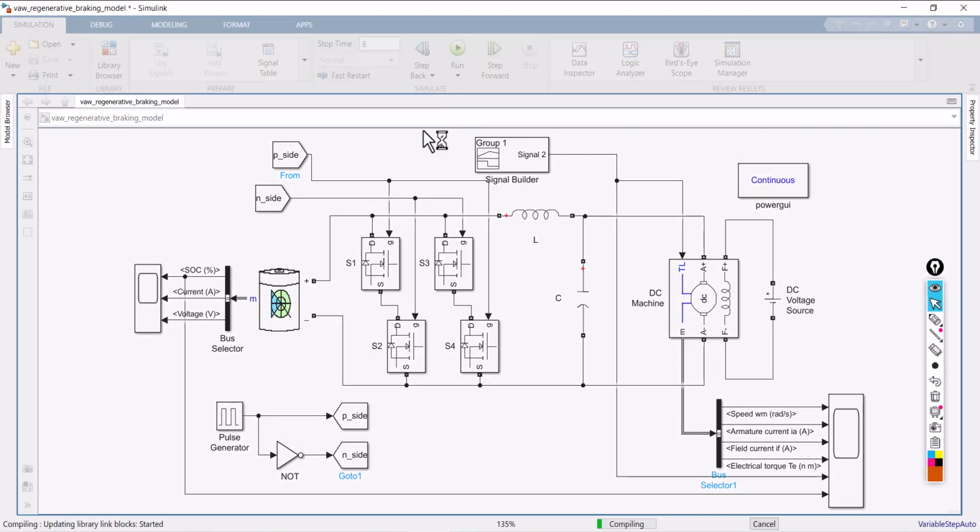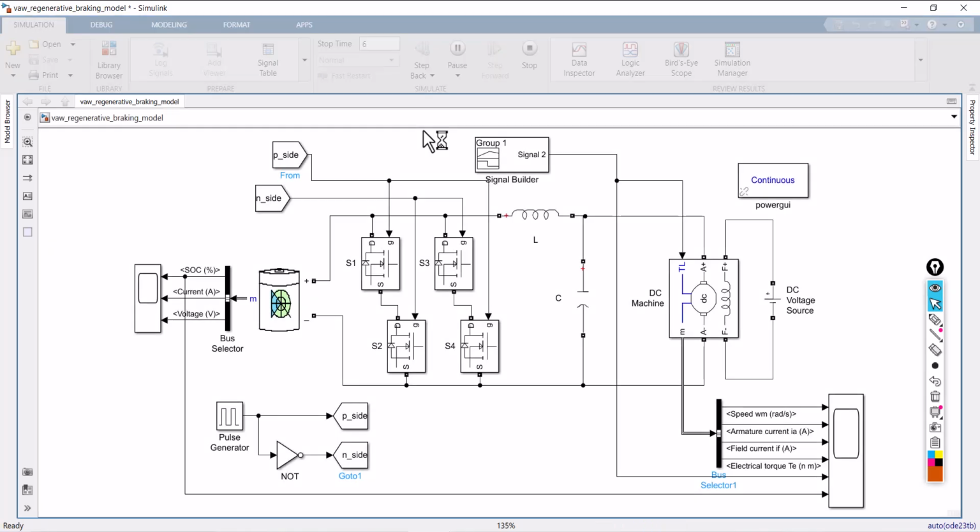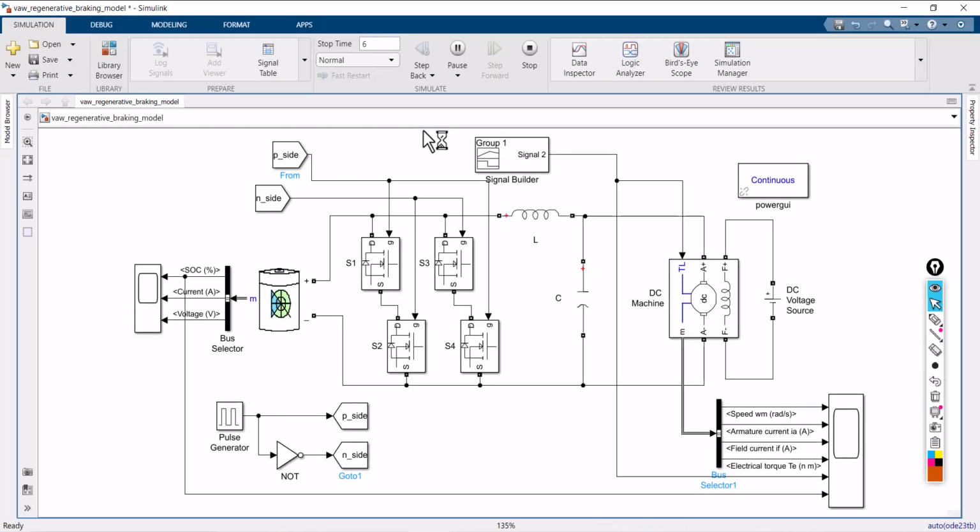If you run it, yeah, it's done now. You can see the output.